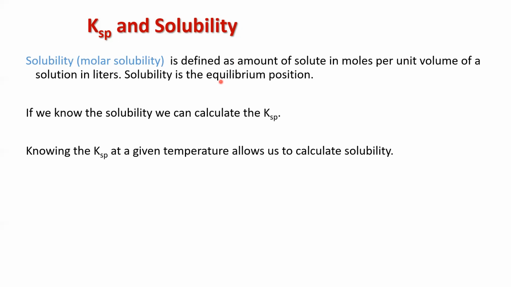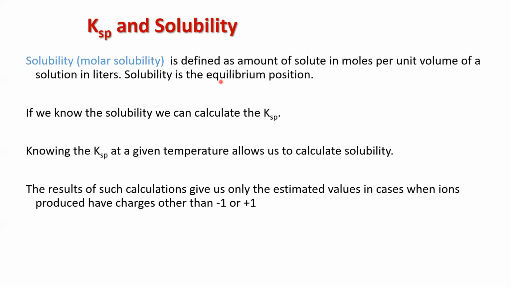And if we know the Ksp, we can calculate the solubilities. Now, it works really well for compounds where the cation has a +1 charge and the anion has a -1 charge. It's more of an estimate when they're not +1 and -1, but we would only calculate estimates anyway.